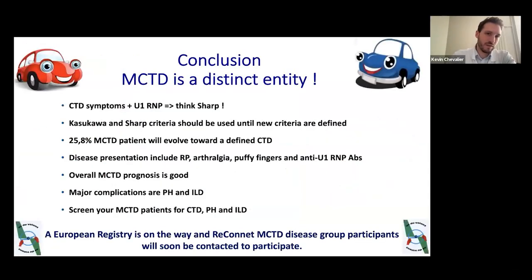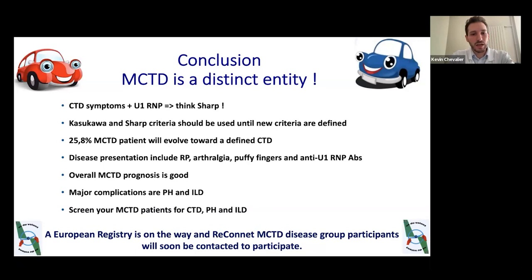To conclude this seminar, MCTD is a distinct entity which defines a homogeneous group of patients. So in a patient with CTD symptoms and anti-U1 RNP antibodies, you should think about Sharp disease. The Kasukawa and Sharp criteria should be used in clinical practice to classify a diagnosed patient until new criteria are defined. Only a quarter of MCTD patients will evolve toward a defined connective tissue disease.